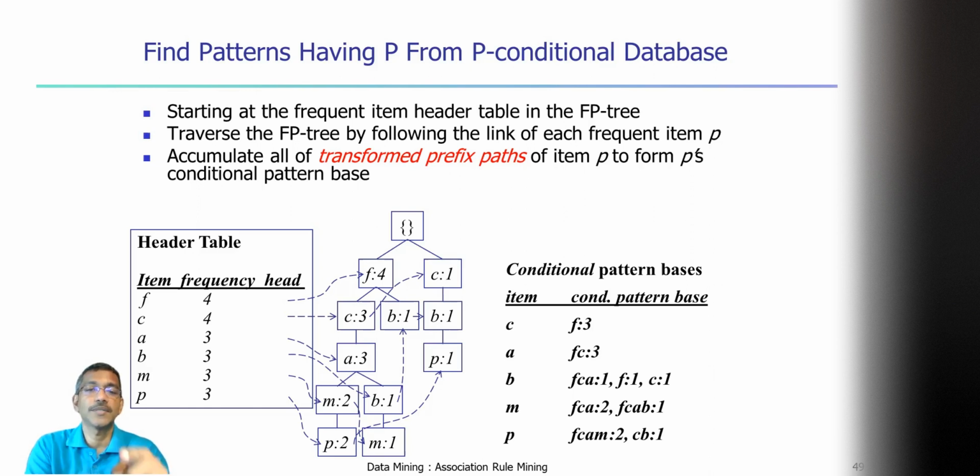So B says 1, that means the FCAB pattern has frequency 1. Then we look for the next B that we can find. Once again, it's a pattern FB. So we put F there to say that with B we can create another pattern FB with a frequency of 1. And then there's another B next to it, which would create a pattern with C, so that's why we put C.